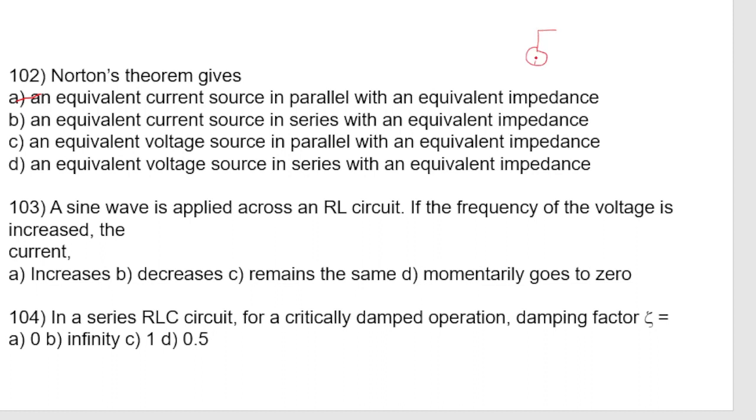We have a current source and RTH and ITH, or for Norton it is better to represent it as N. So IN and RN, that comes as a Norton equivalent.